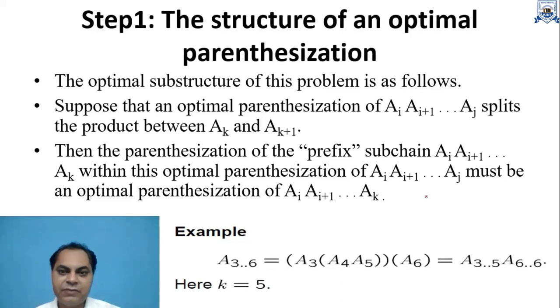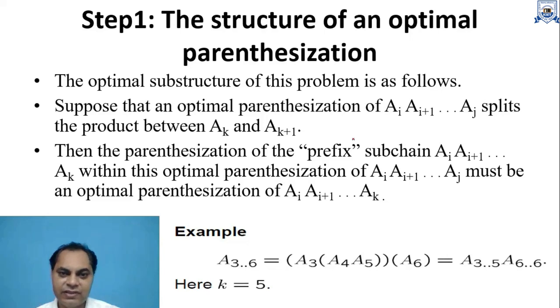So the optimal substructure of this problem is as follows. Suppose that an optimal parenthesization of matrices Ai to Aj splits the product between Ak and Ak+1. That means after the kth matrix the split happens and the whole chain is divided into two subchains.